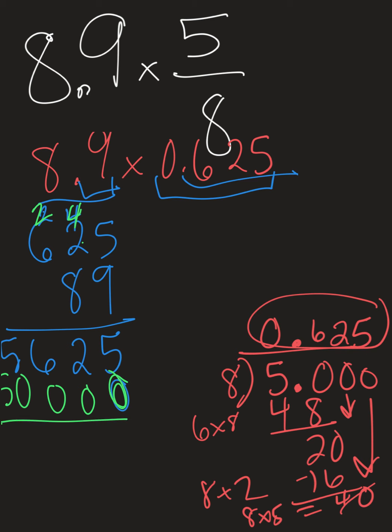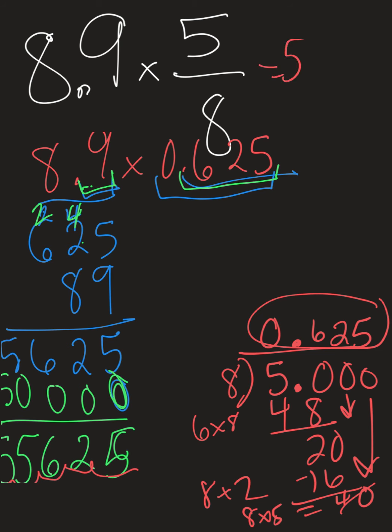So 5 plus 0 is 5. 2 plus 0 is 2. 6 plus 0 is 6. 5 plus 0 is 5. And 5 plus nothing is 5. So, as I mentioned before, now I can count up my decimal places. And I have 3 in this decimal, 1 in this decimal. So I'm going to move that over 1, 2, 3, 4 times total. And my answer is 5.5625. Okay?